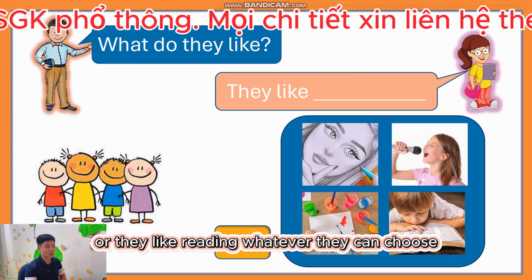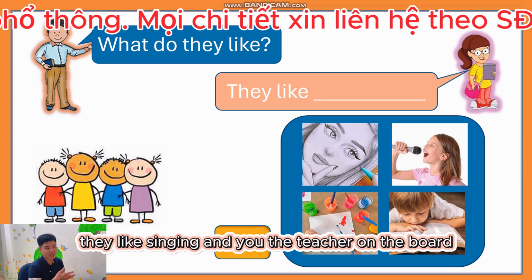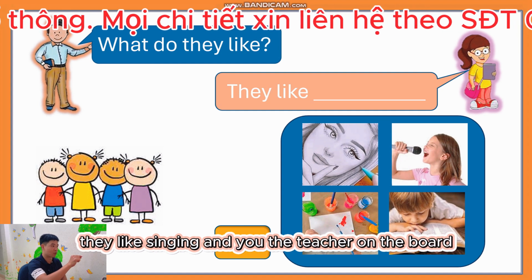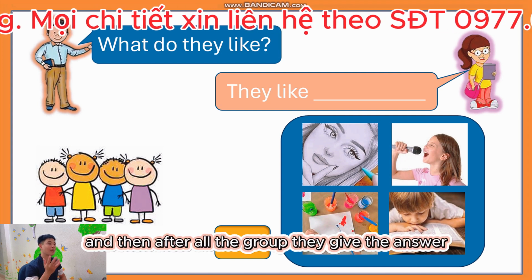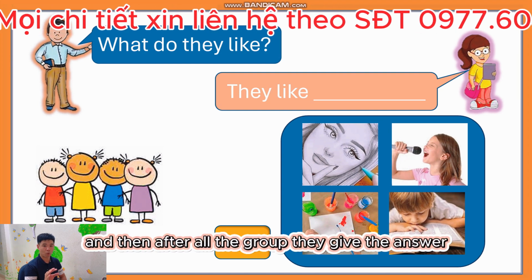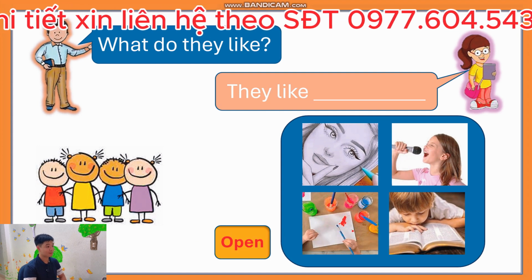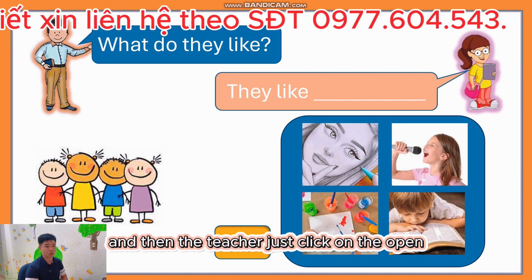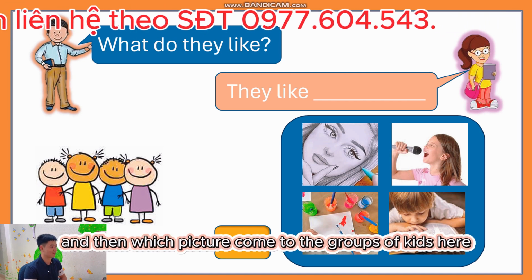Whatever they can choose. And when they choose, for example, they like singing, the teacher just writes down their answer on the board. And then after all the groups give their answer, the teacher just clicks on open, and then the picture comes up for the groups of kids here.